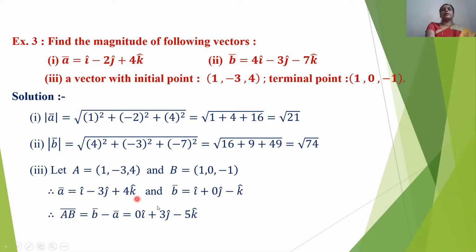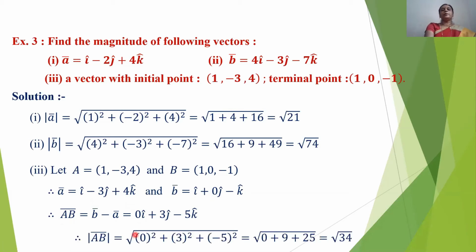And you keep the value of B bar and A bar. Simplify that. See here, i minus i will be 0i, 0j, minus of minus means plus 3j, and minus k minus 4k means minus 5k. In this way we got AB bar is equal to 0i plus 3j minus 5k, or you can simply write 3j minus 5k.